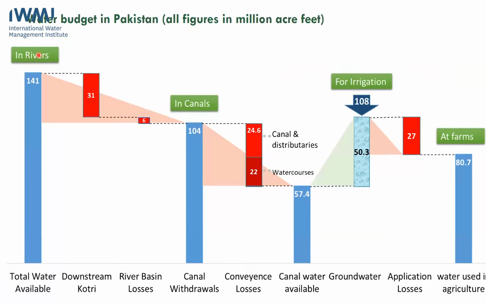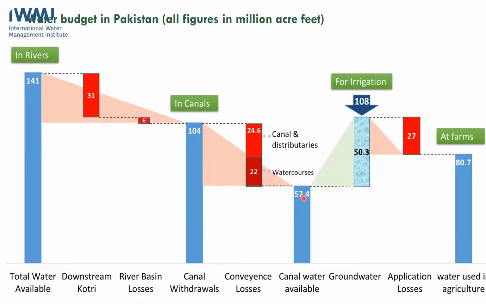And you can see that on average, it's a long-term average, we receive around 141 million acre feet in our rivers. Some goes downstream into the Arabian Sea, and there are river basin losses. At our canal head regulators, we receive around 104 million acre feet. And then come the system inefficiencies, like the canal and distributaries at the watercourse level.